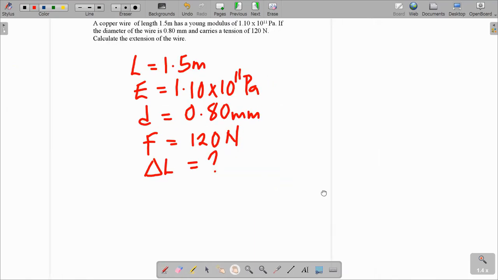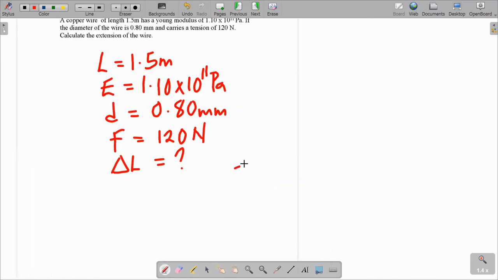So in solving this, remember we said our Young modulus E is equal to the stress, which is sigma, divided by the strain, which is epsilon. Now, they gave us the length, the Young modulus, the diameter, the force, and we need the change in length, which is the extension.